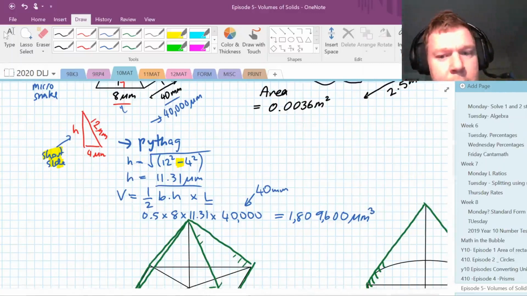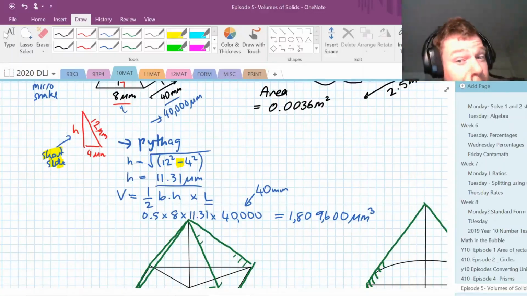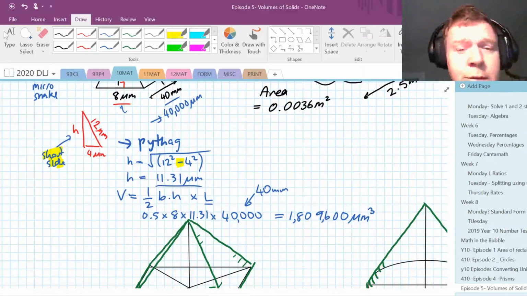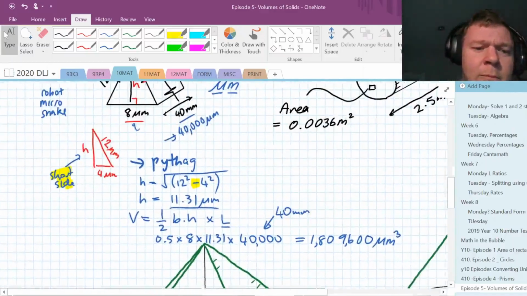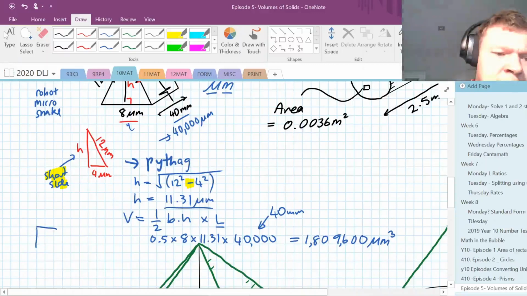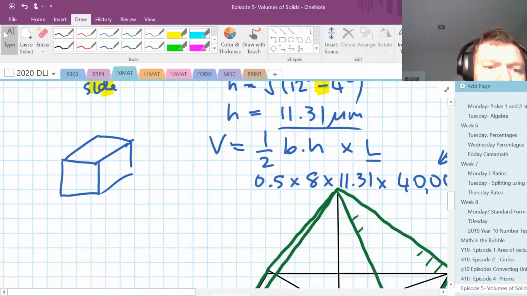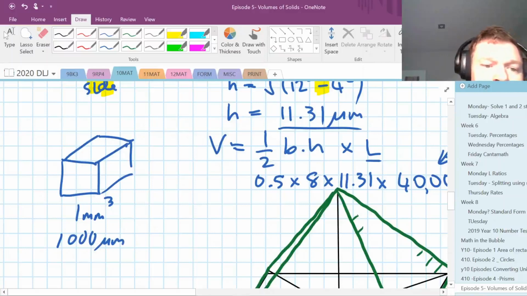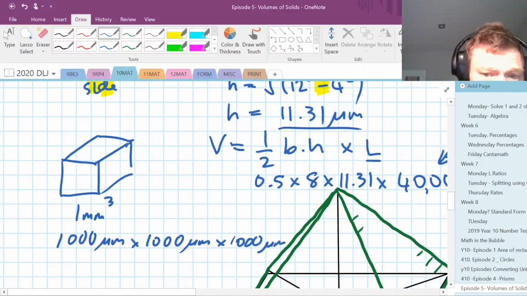If you think about how small a micrometer cubed is, well, we need to think of how big. Let's just do 1 millimeter. So this is 1 millimeter cubed, but each side is 1,000 micrometers. So it's 1,000 micrometers times 1,000 micrometers times 1,000 micrometers.